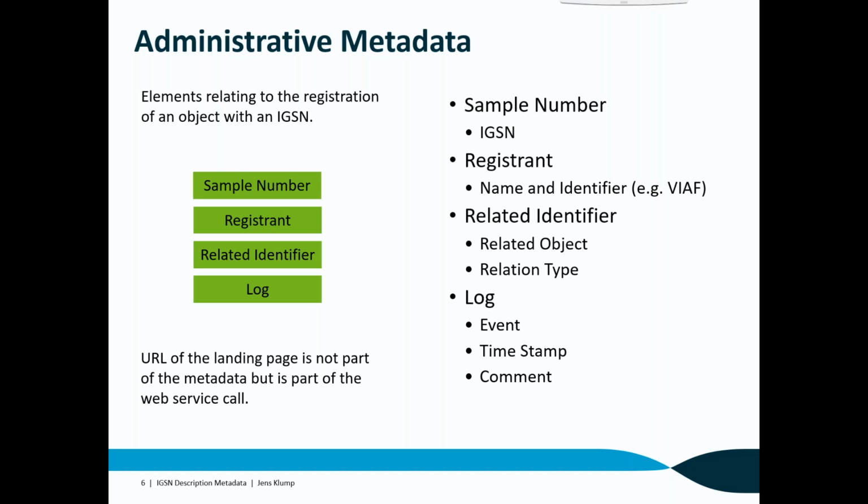The related identifier is the really interesting element, I think, because it points to other related objects, which could be other IGSNs, it could be DOIs, it could be ORCIDs or whatever, and it describes the nature of this relation. And then the log element is kind of a logbook entry describing the event, when it happened, and allowing you to comment on anything else you might want to add for this administrative process.